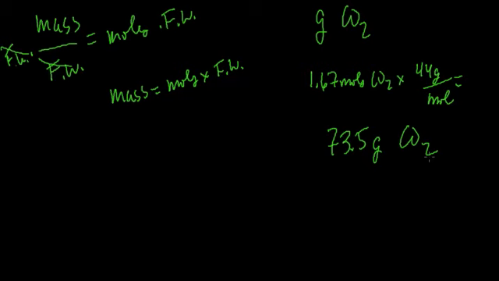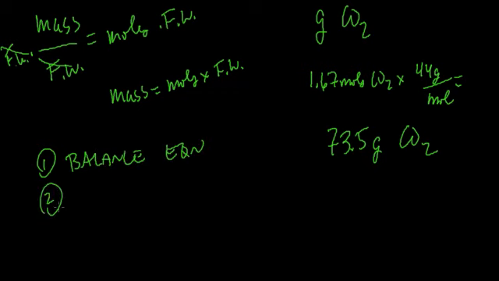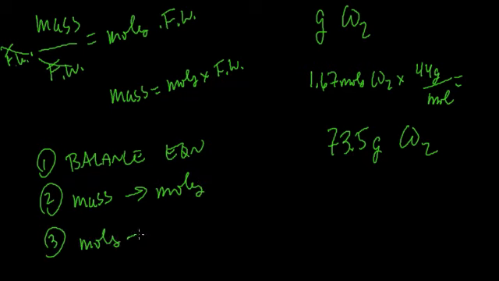I can write down the steps here. Got to balance the equation first. If you have mass, it needs to go to moles. Then once you have moles, you have to apply the ratio in the equation.